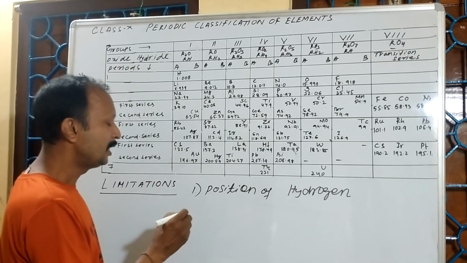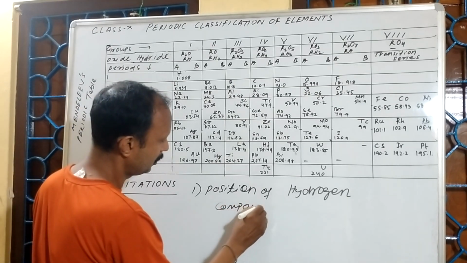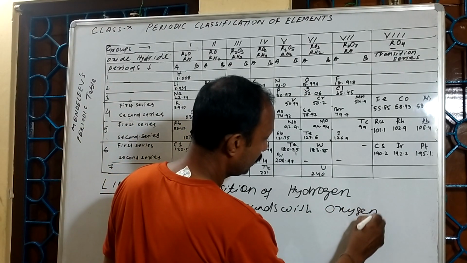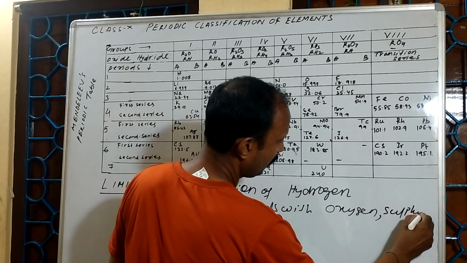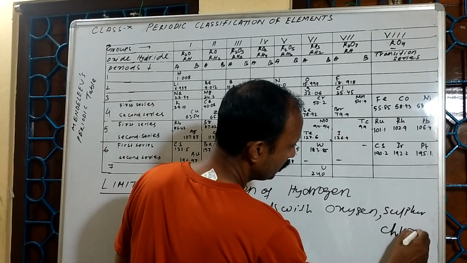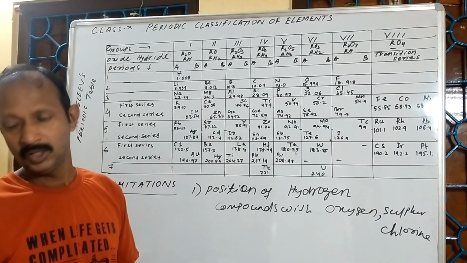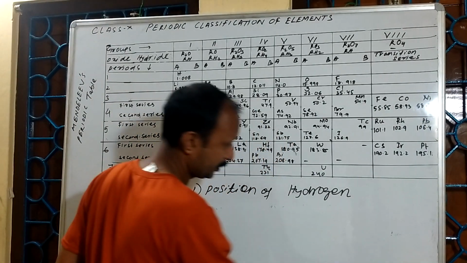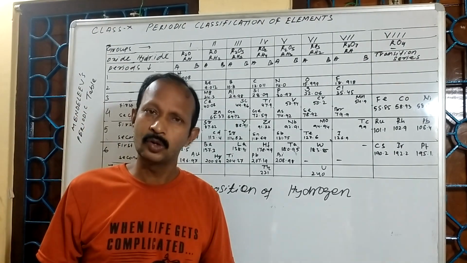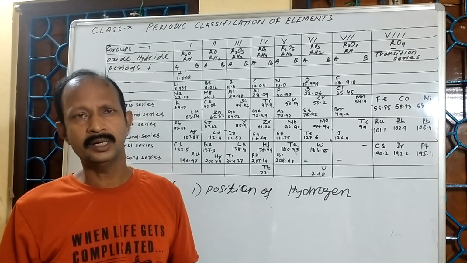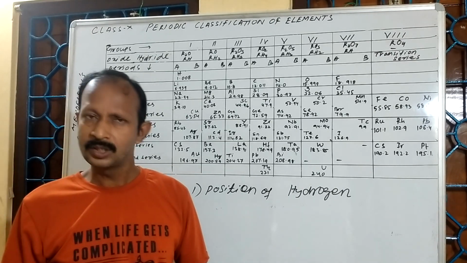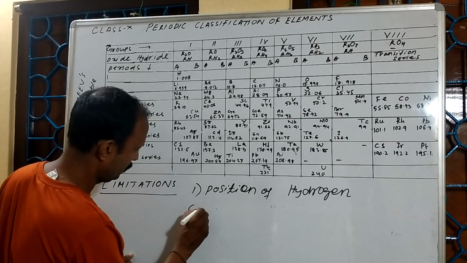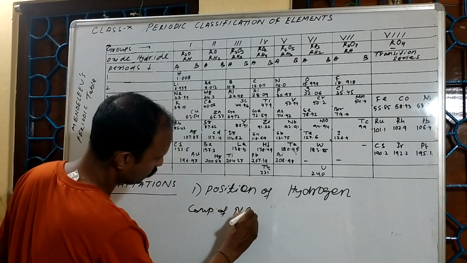For example, its compounds with oxygen, compounds with sulfur, compounds with chlorine are similar to those of the alkali metals. Just see, compounds of sodium.